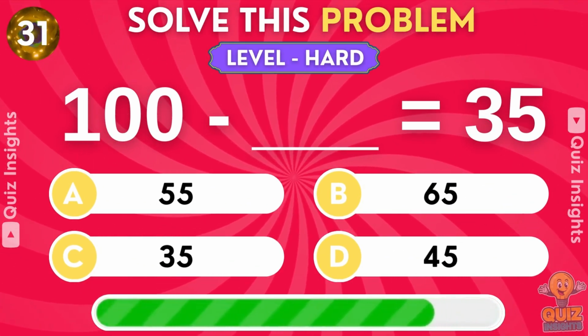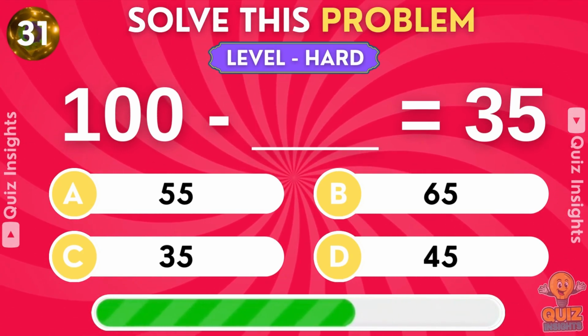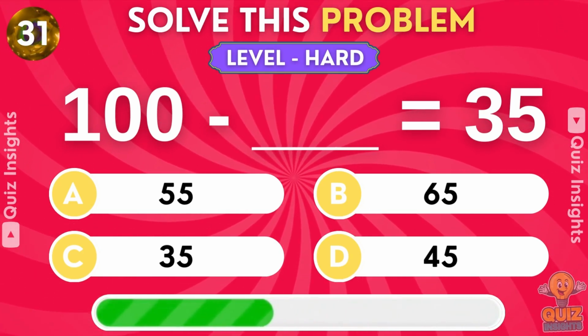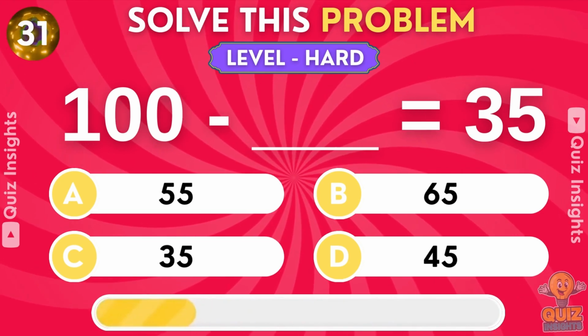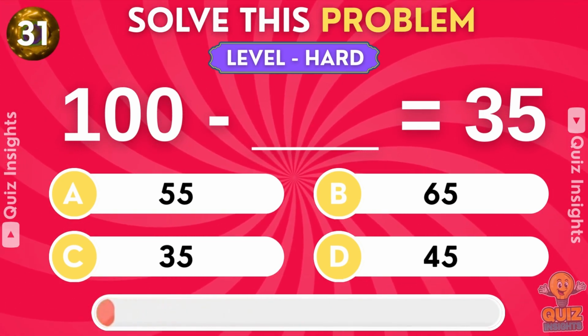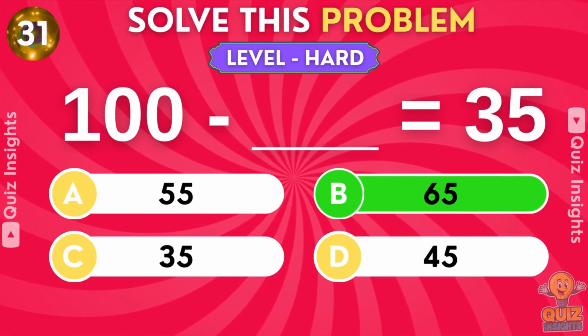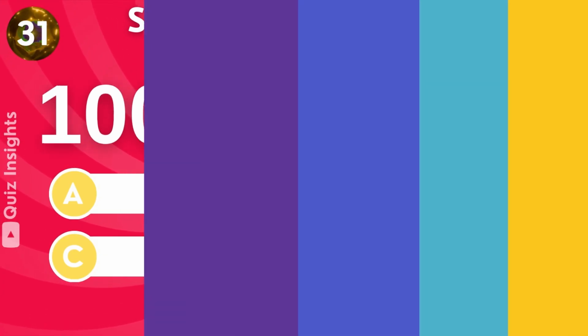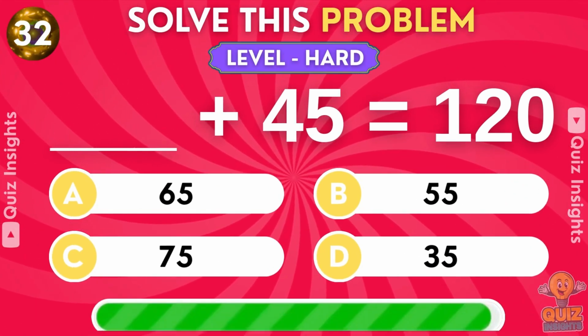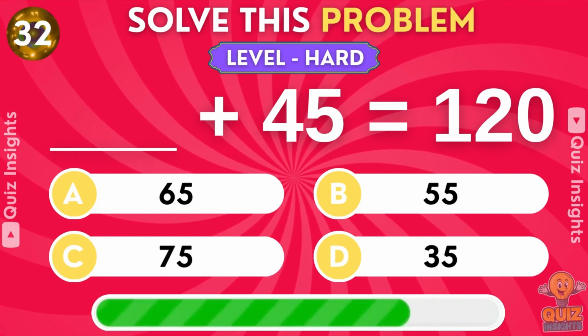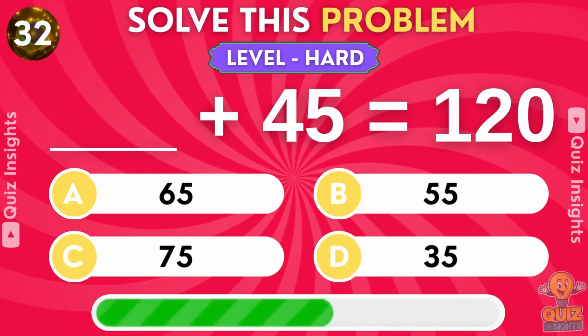Question 31. 100 minus what number equals 35? Yes, it's 65. What number plus 45 equals 120?